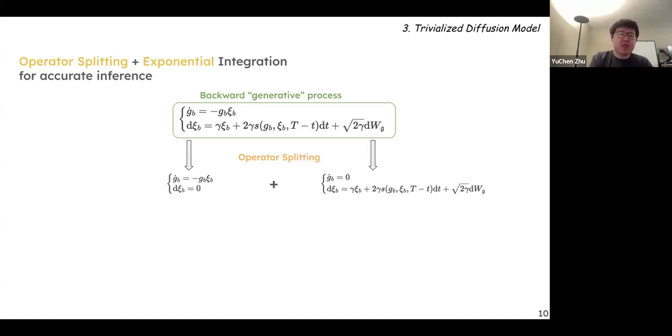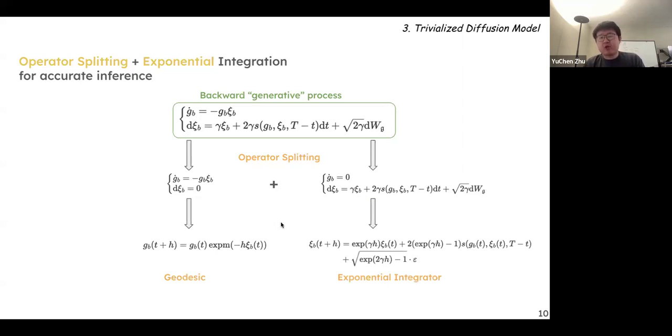For the first dynamics, we're just fixing the momentum and trying to move constantly on the manifold with a fixed velocity. For the second part, we're fixing the position G and only evolving the momentum ξ, which is running the simple OU process with a constant nonlinear drift, of course.